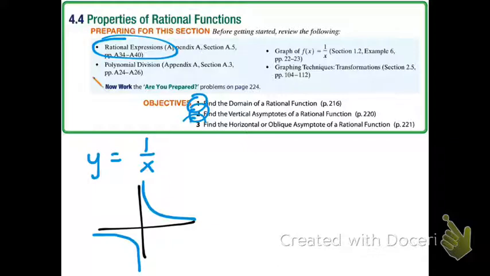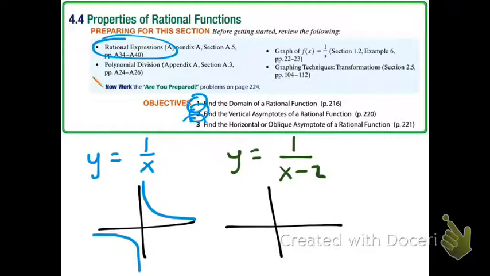We've dealt with these kinds of functions before, and even their transformations, like y equals 1 over x minus 2. With a little thought, you could realize that I need to take the graph of y equals 1 over x and shift it to the right 2 units.